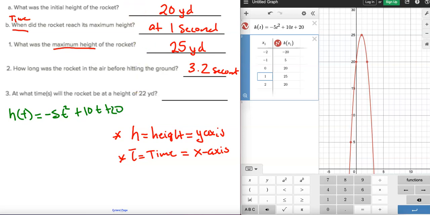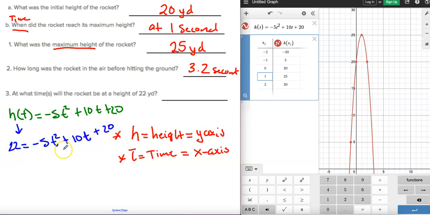In this case, it wants to know when this, which represents the height, will be equal to 22. So negative 5t squared plus 10t plus 20. This is what it's asking us.